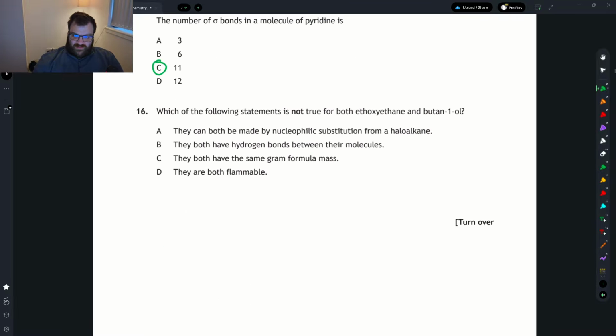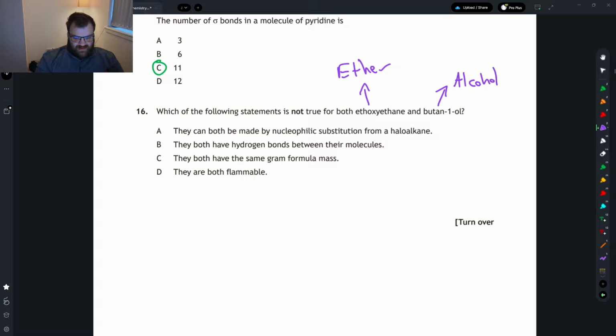Next up, which of the following is not true for these two chemicals. We should recognise that that is an alcohol and that is an ether. How can they be made? Well, they can both be made from a haloalkane.